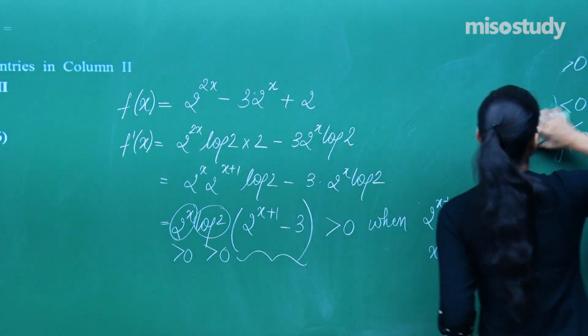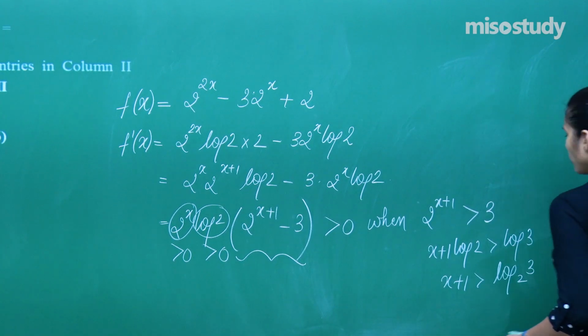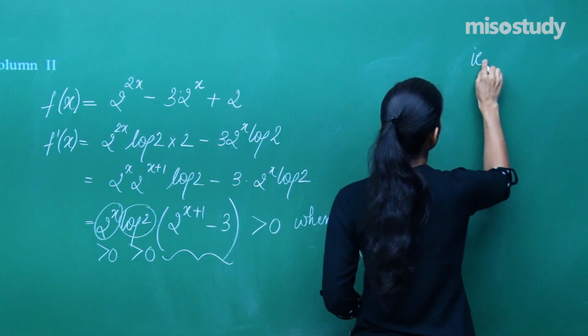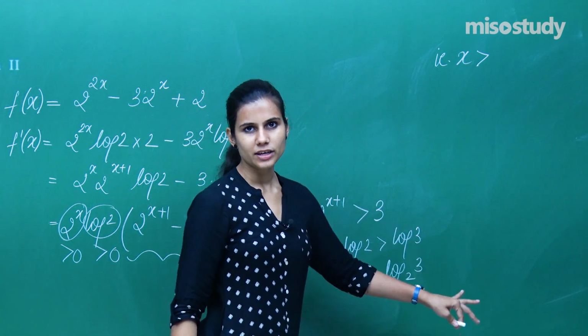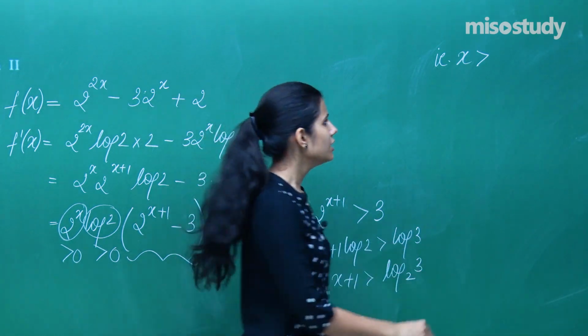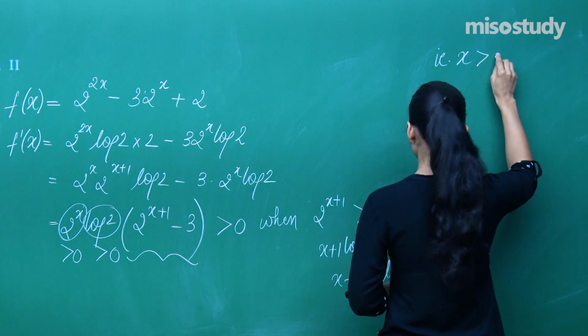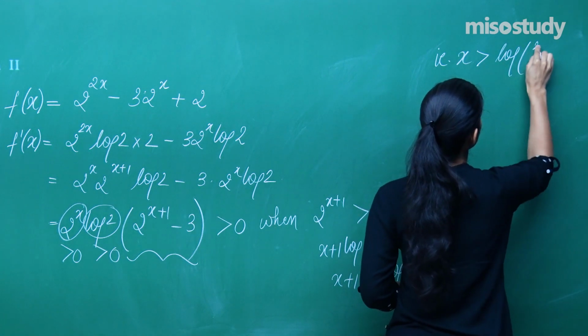Or I can say further, I want condition on x, that is when x is greater than log 3 to the base 2 minus 1. 1 can be written as log 2 to the base 2. So this becomes log of 3 by 2.